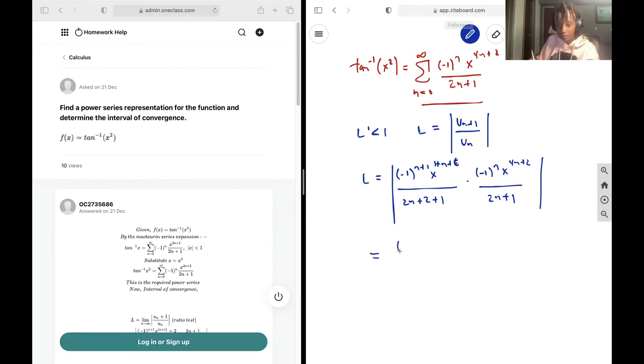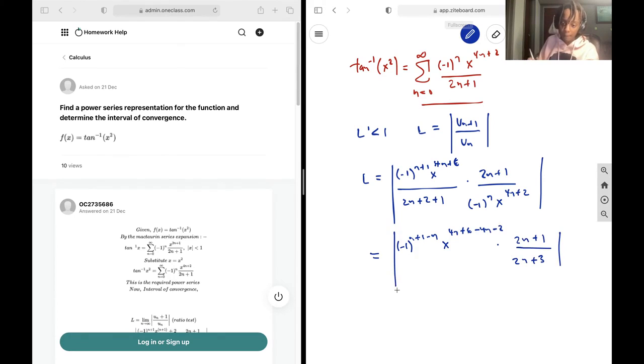Oh, sorry, it's supposed to be the inverse, because it's the denominator here. So n plus 1 minus n, x to the 4n plus 6 minus 4n minus 2, all multiplied by 2n plus 1 over 2n plus 3.